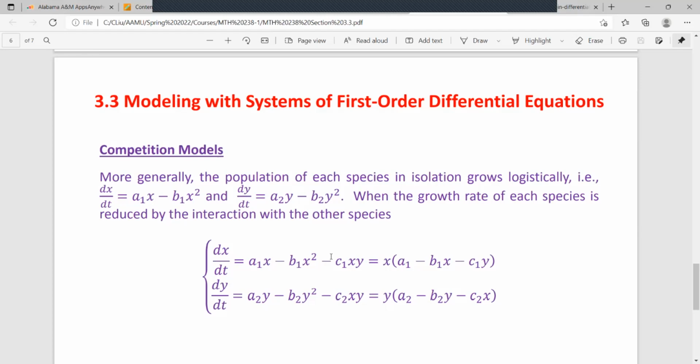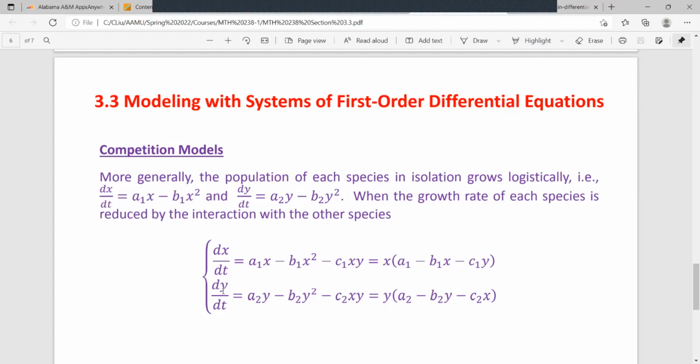Then we need to add another interaction term to each differential equation. So we have the two nonlinear equations: dx/dt = a1x - b1x² - c1xy. You can factor out a common factor x and get x times (a1 - b1x - c1y).